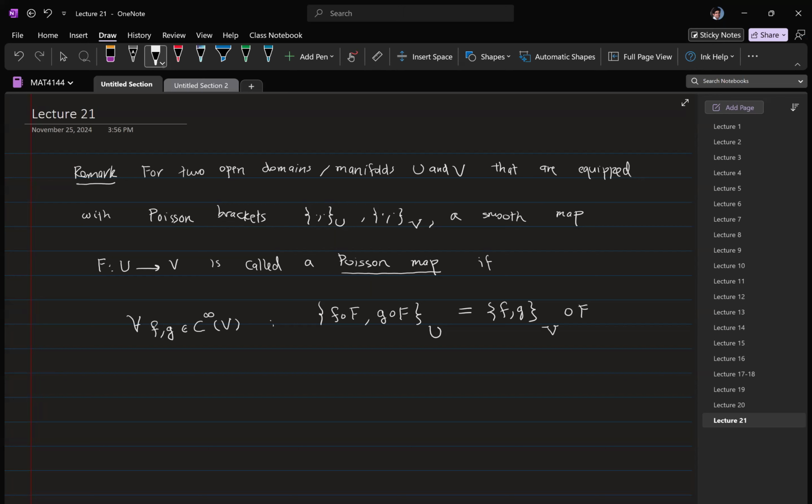All right, just preserving the structure, mapping one structure to the other. All right, any questions so far? All is good? All right.